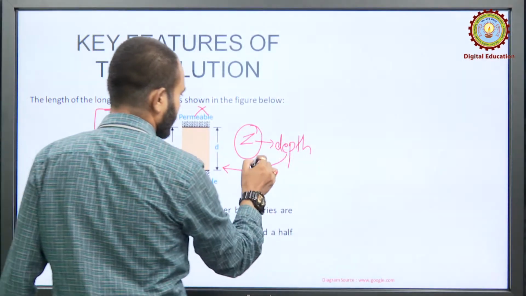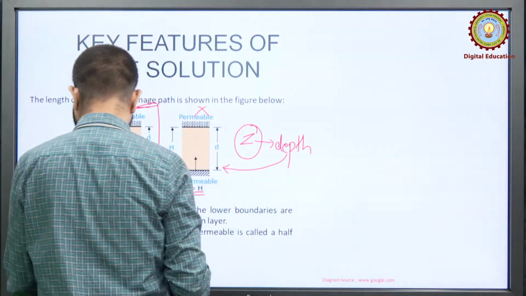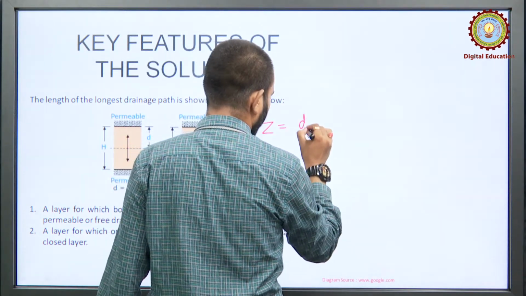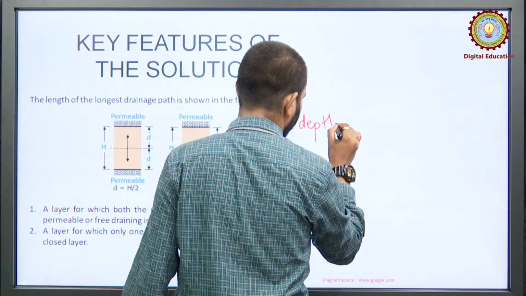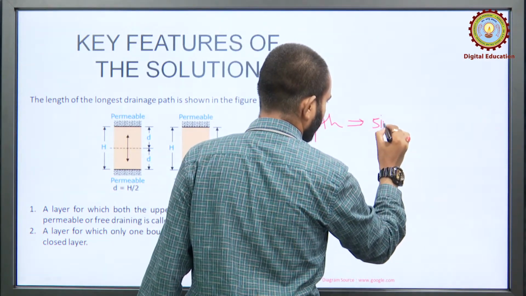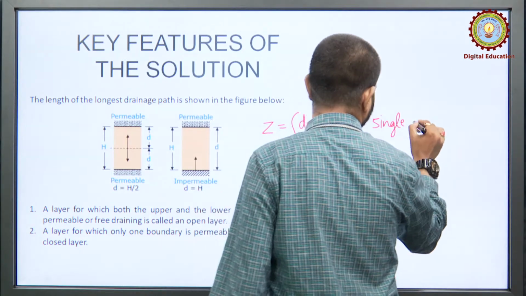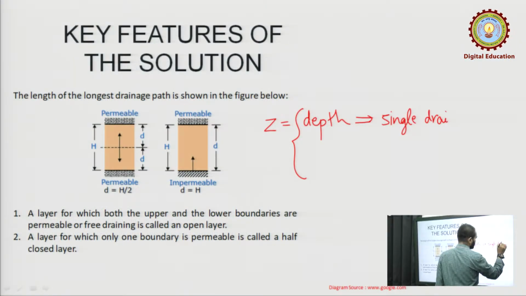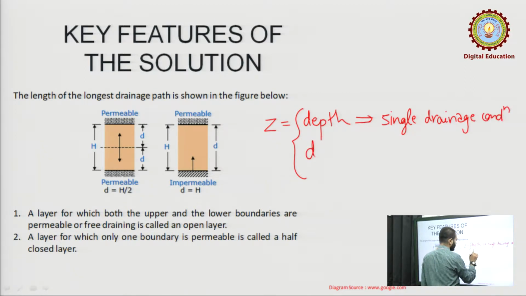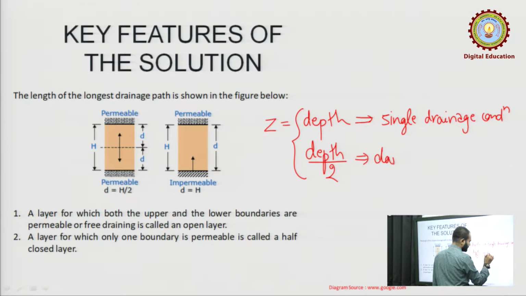Let me write it: Z will be equal to depth in the single drainage condition, and it will be equal to depth by 2 in the double drainage condition.